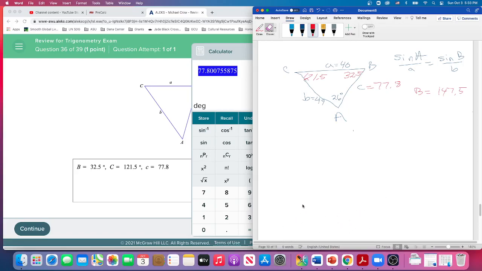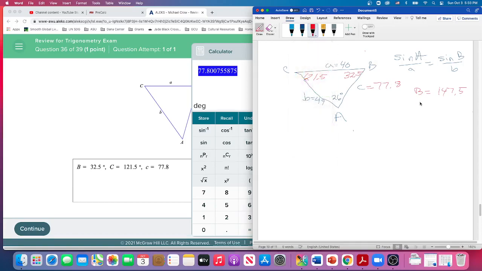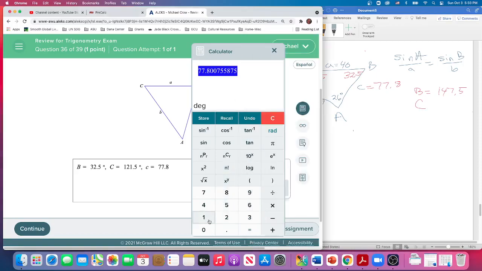Okay, so if B was 147.5, then big C is got to be, I think we calculated it. So we got 147.5 plus the 26 for A, that's 173.5.